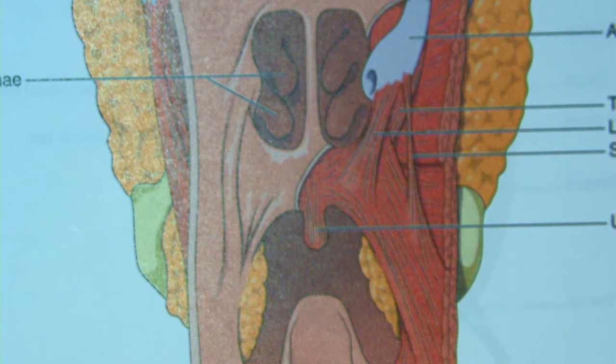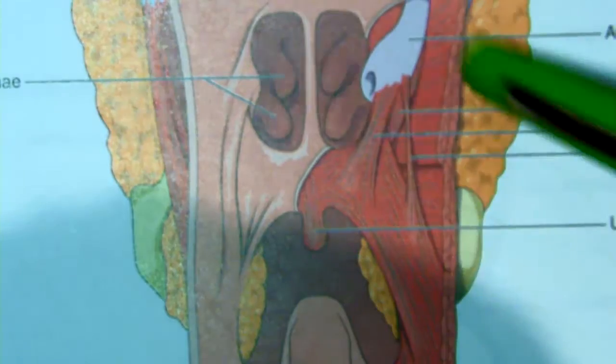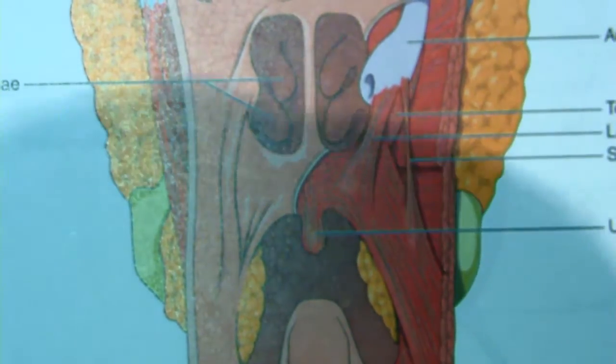They help squeeze the pharynx. They're constrictor muscles. So you have your superior, middle, and inferior constrictor muscles.